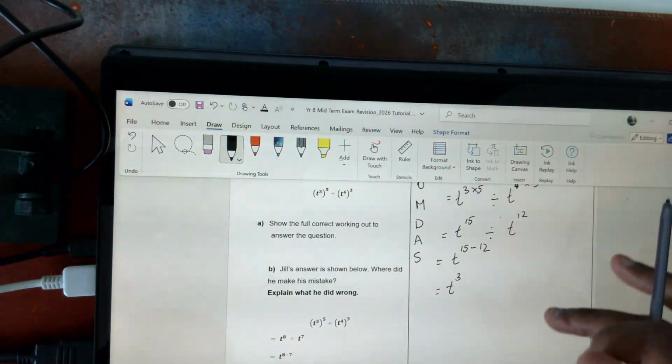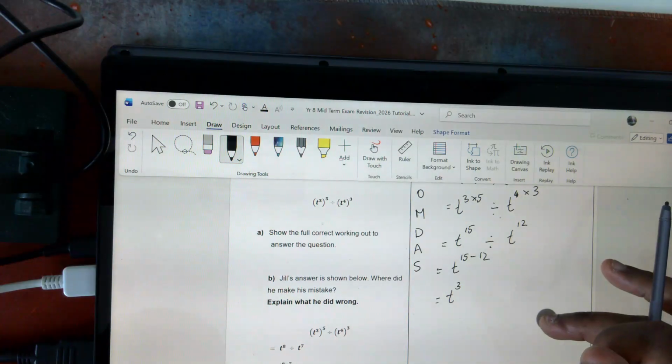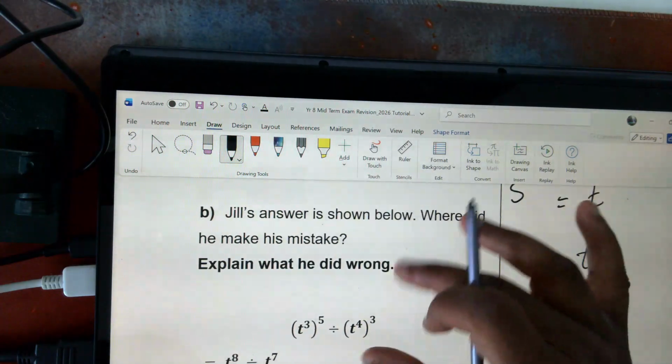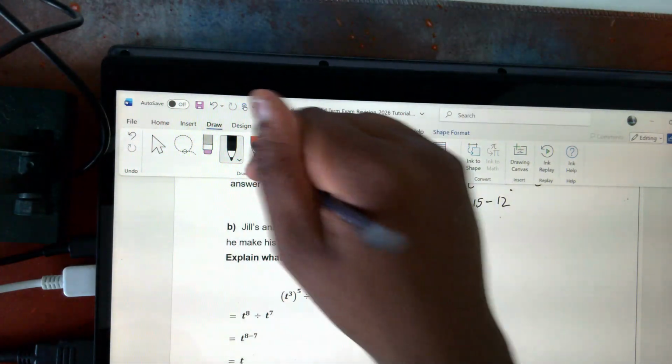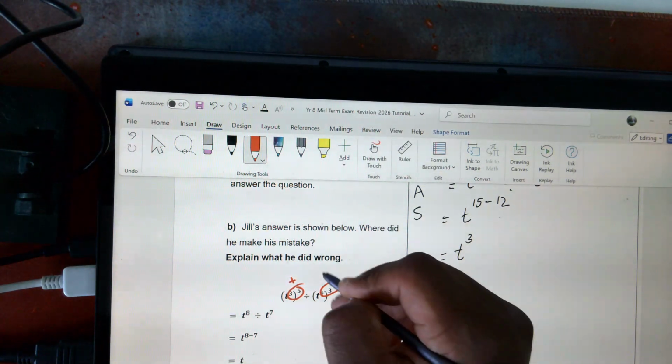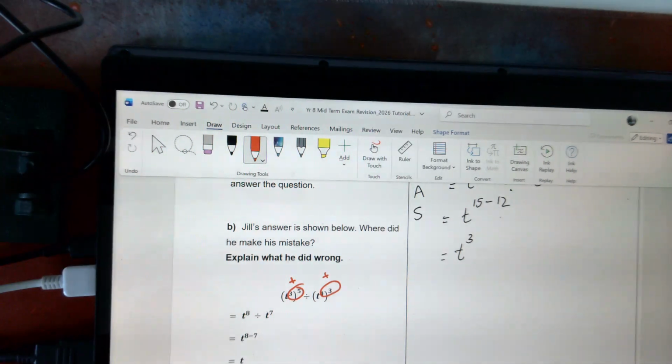With Jill's working out, I don't have 15 and 12, I've got 8 and 7, because what Jill's done is they've added those 2 powers together. So that's what we need to say.